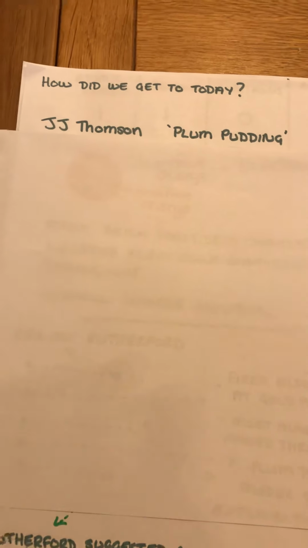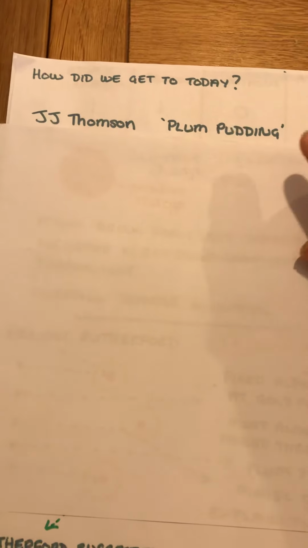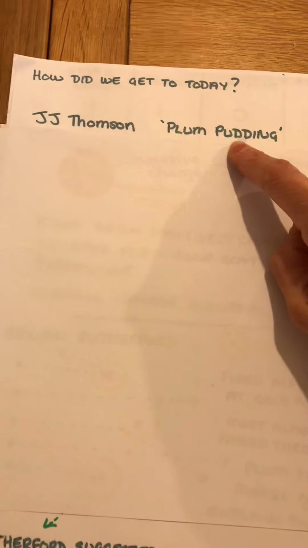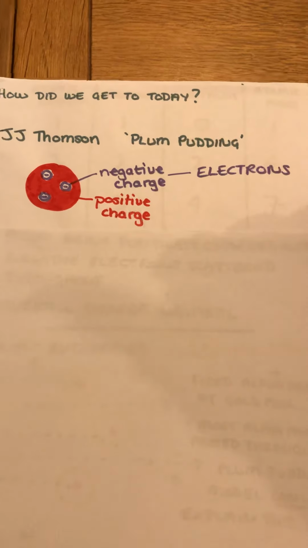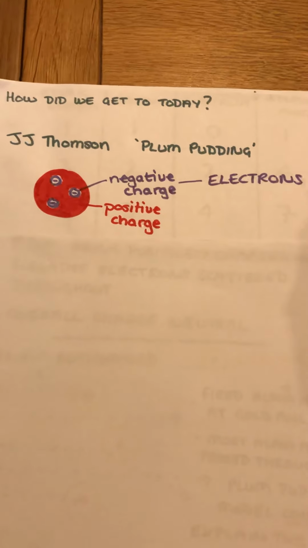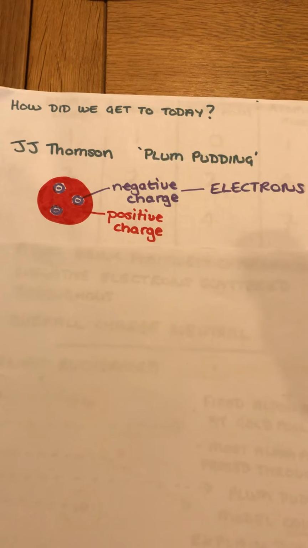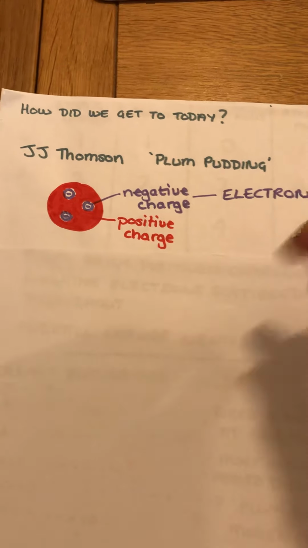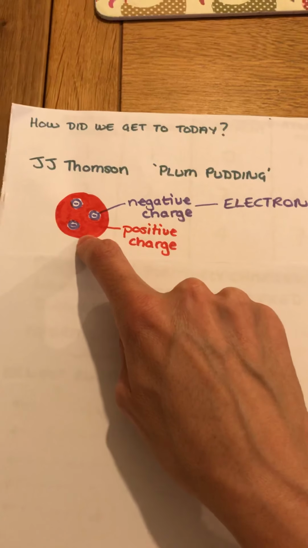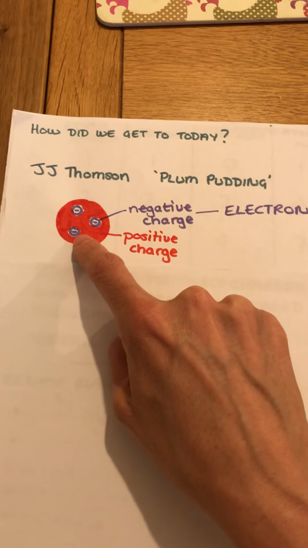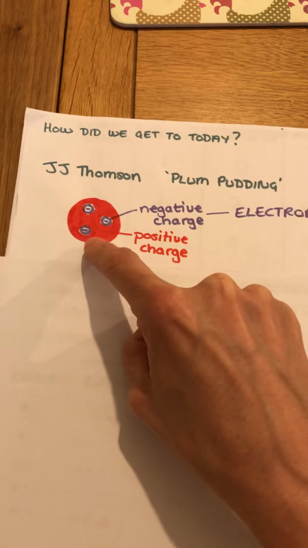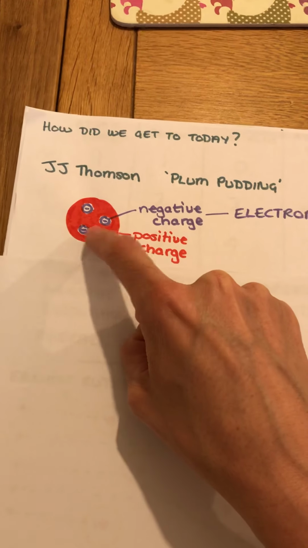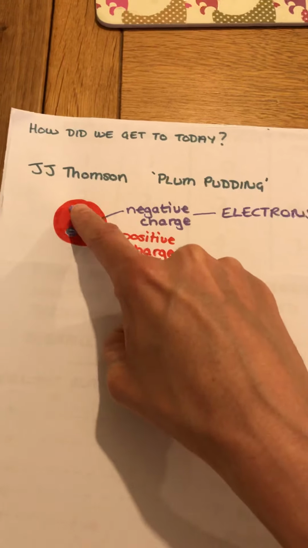Okay, so Thomson put forward a model called the plum pudding. He had found electrons. So he is the person who identified that atoms have electrons, and this was his model, that your atom was mainly this positive charge here, and dotted through this dense positive charge were our negatively charged electrons.